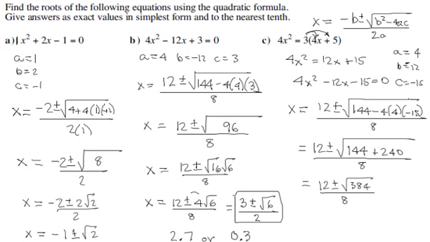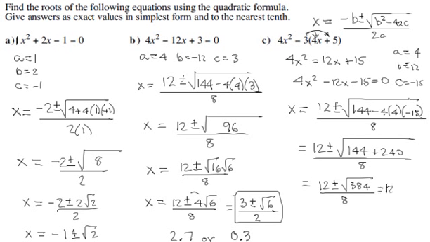That won't go. 12 squared is 144. Doesn't go evenly. 11 squared is 121. That won't do it. 10 squared is 100. That won't do it. 9 squared is 81. Nope. 8 squared is 64. That does it. 384 is 64 times 6.